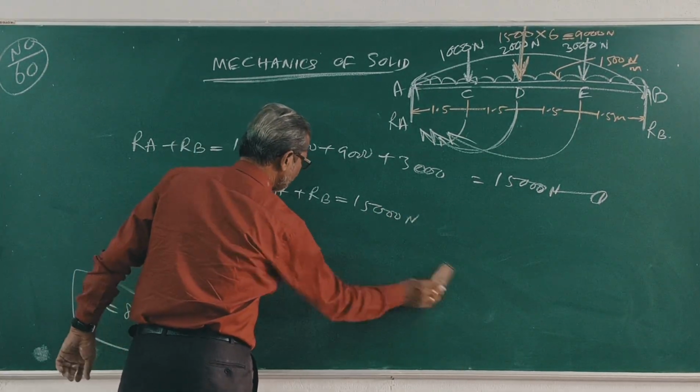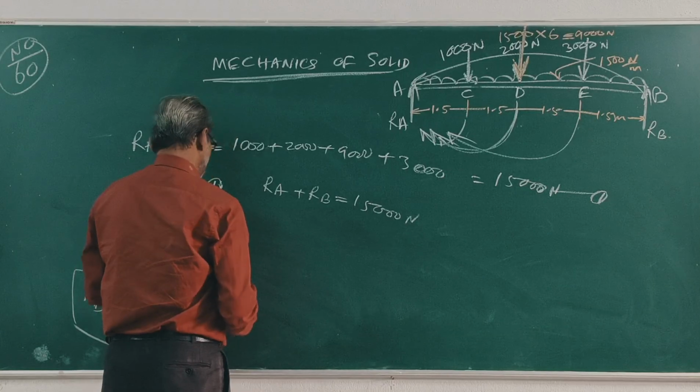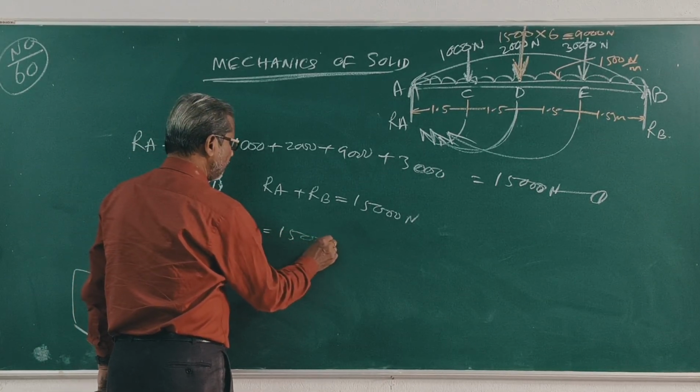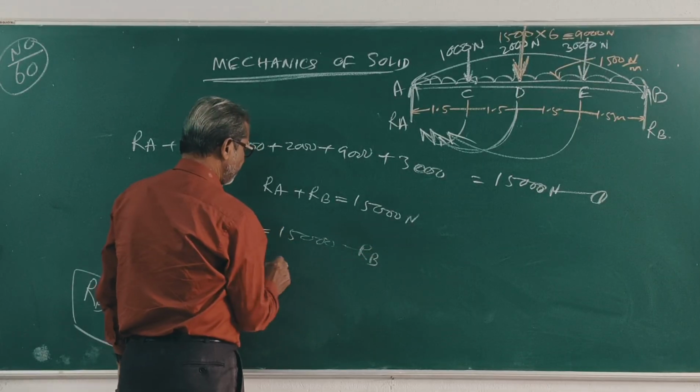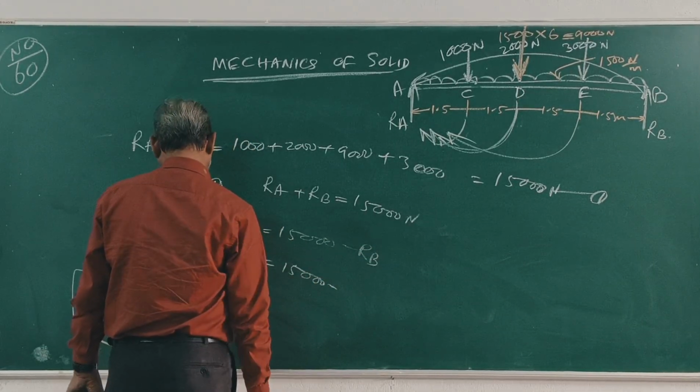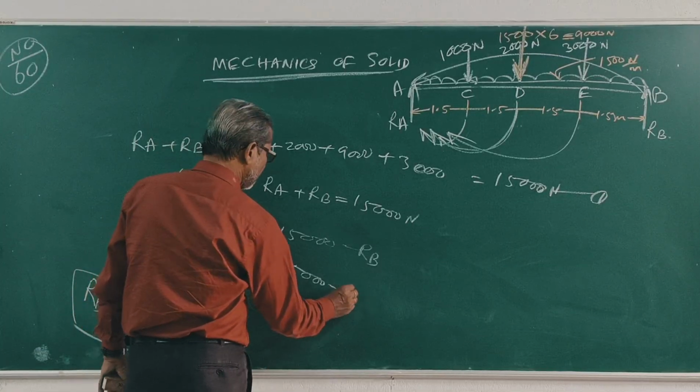So RA is 15,000 minus RB. What is RB? 8,000.